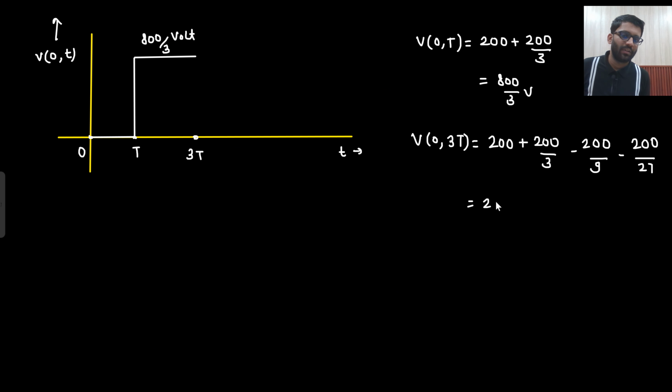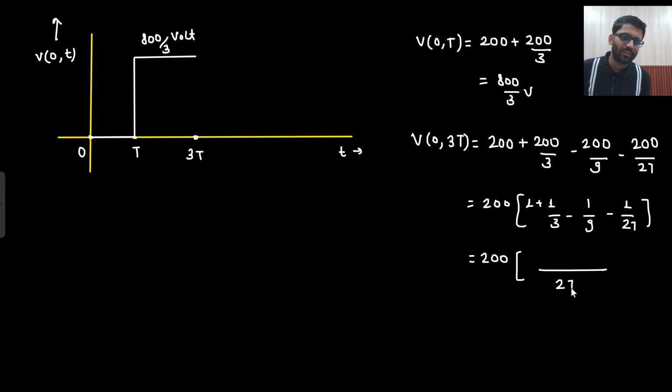Are you getting this point? So 200 times 1 plus 1 by 3 minus 1 by 9 minus 1 by 27. Certainly it will be lesser than 800 by 3 because these two terms are getting subtracted. So shall I do this calculation or you can do it on your own? Let's do it, but using the calculator we will do.